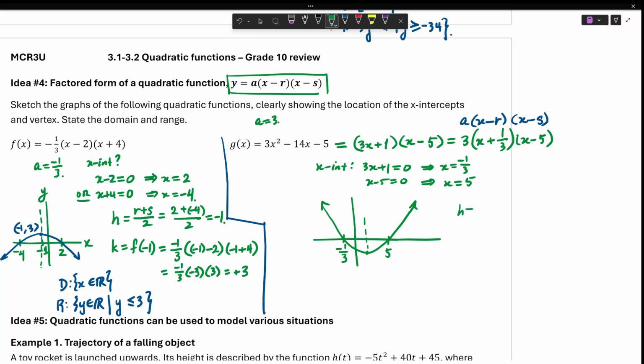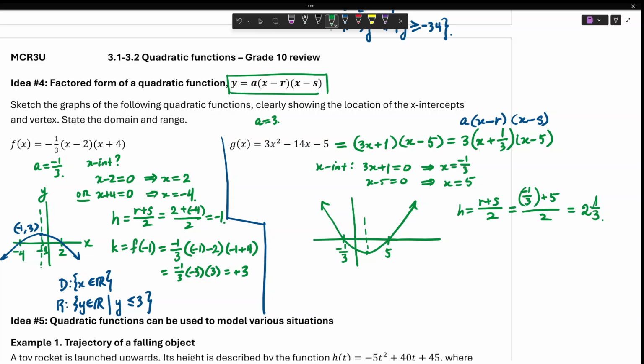That's r plus s over 2, or negative 1/3 plus 5 over 2. So 5 minus 1/3 is 4 2/3. If you divide that by 2, that's going to be 2 1/3. If you want to write it as a mixed fraction, that's fine.